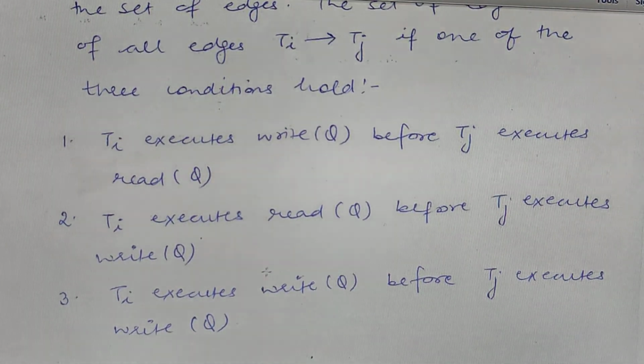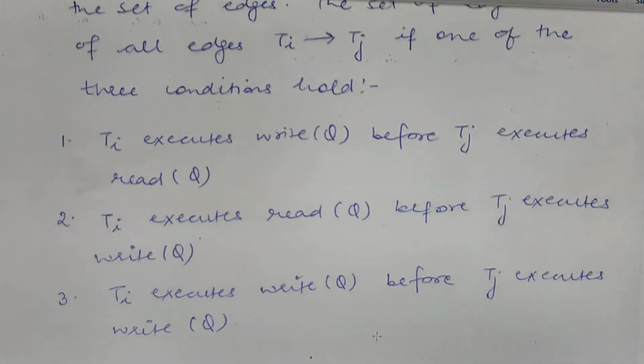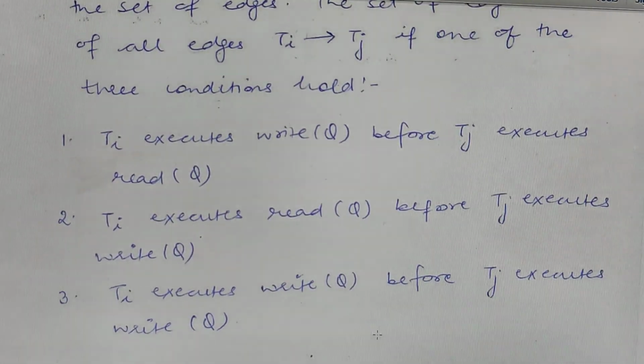So again we will draw an edge Ti to Tj if Ti is executing write operation before Tj executes the write operation. So it is write before read, read before write, or write before write. If the scenario is so on the same data item, then we will draw an edge from Ti to Tj.